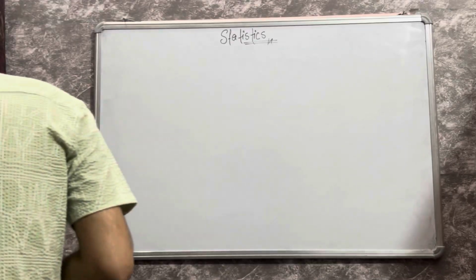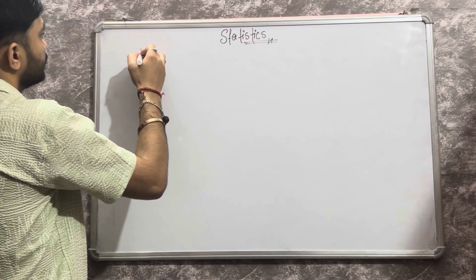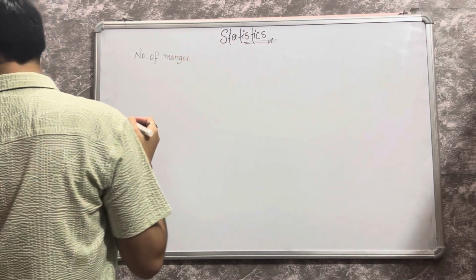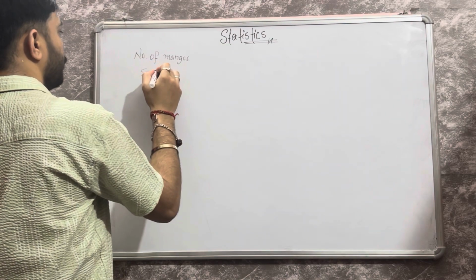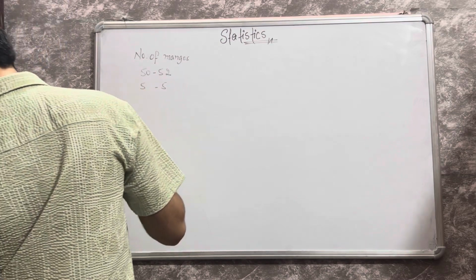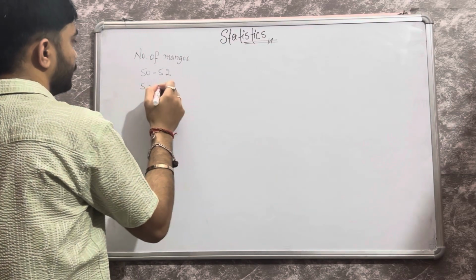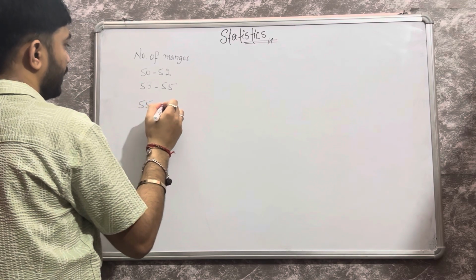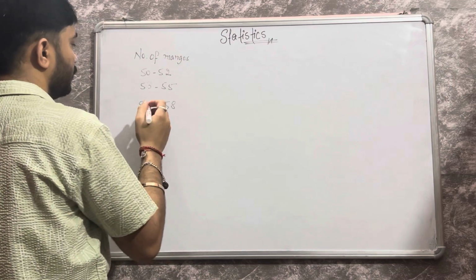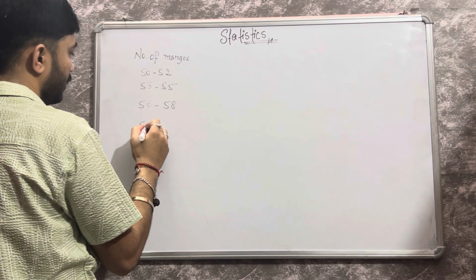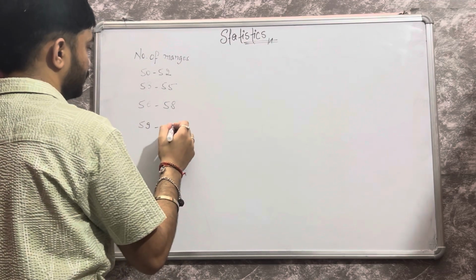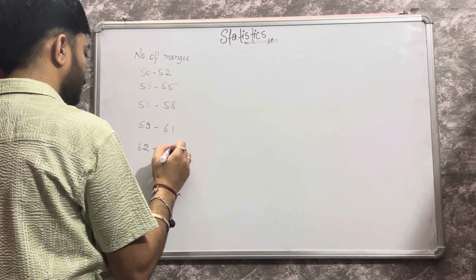So our next question is: the number of mangoes is given to us. The number of mangoes are 50 to 52, 52 to 53, 53 to 55, 56 to 58, not 55 to 58, 56 to 58, 59 to 62, 61 it is given, and 62 to 64.